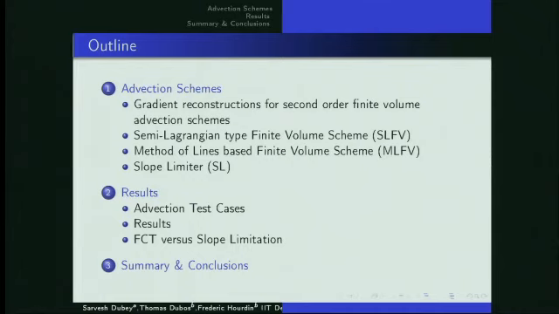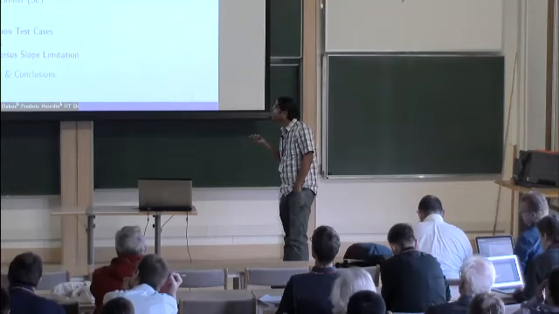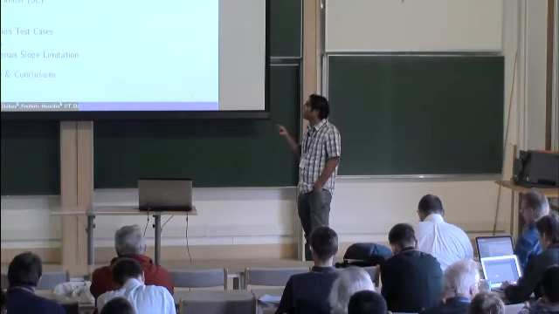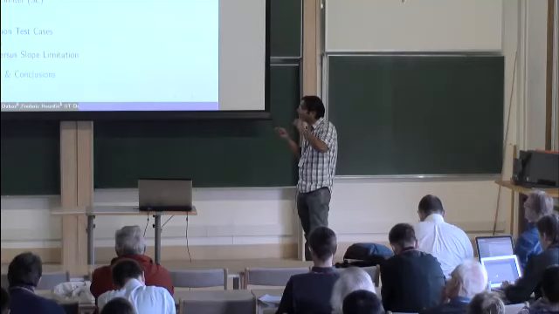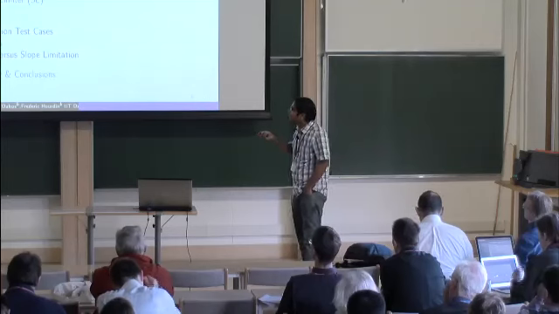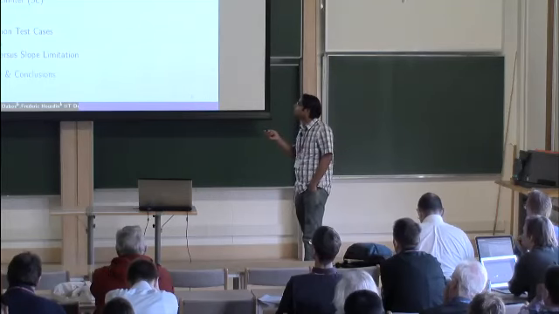After that, I will briefly describe the advection test cases I am using for this work, and then the results of those advection test cases for both schemes. And in the last part, I will compare a few test cases for the flux corrected transport and the slope limitations.